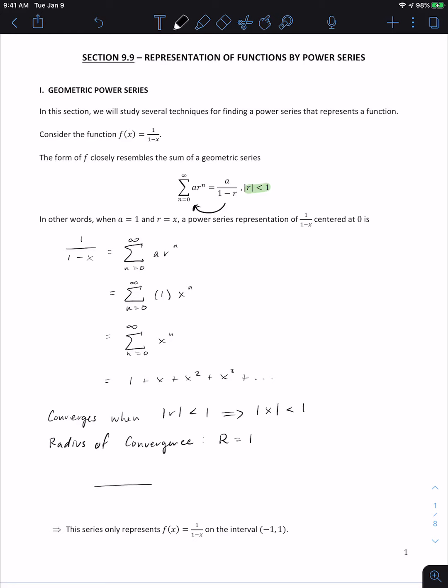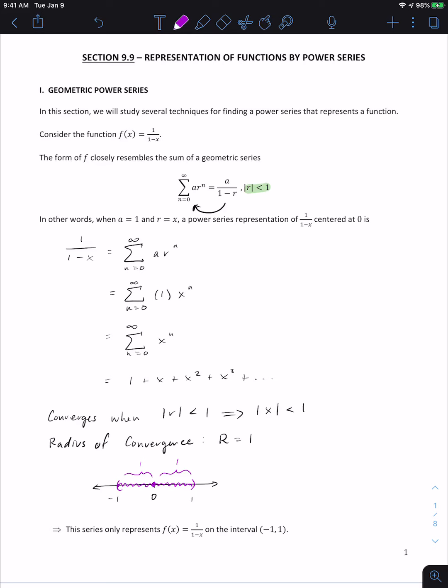And since we're centered at x equals 0, why are we centered at x equals 0? Because it's not x minus something. So if this is negative 1 and 1, we know that my radius of convergence being 1 means all these values are fine.